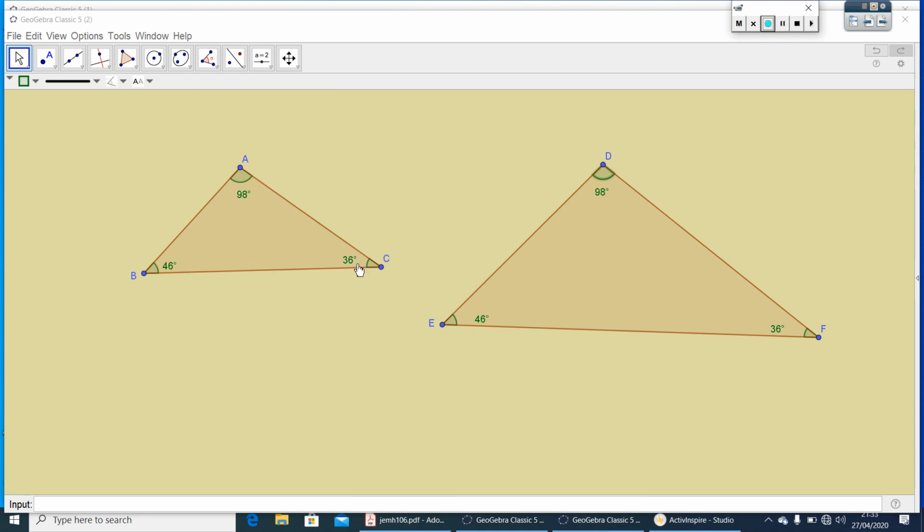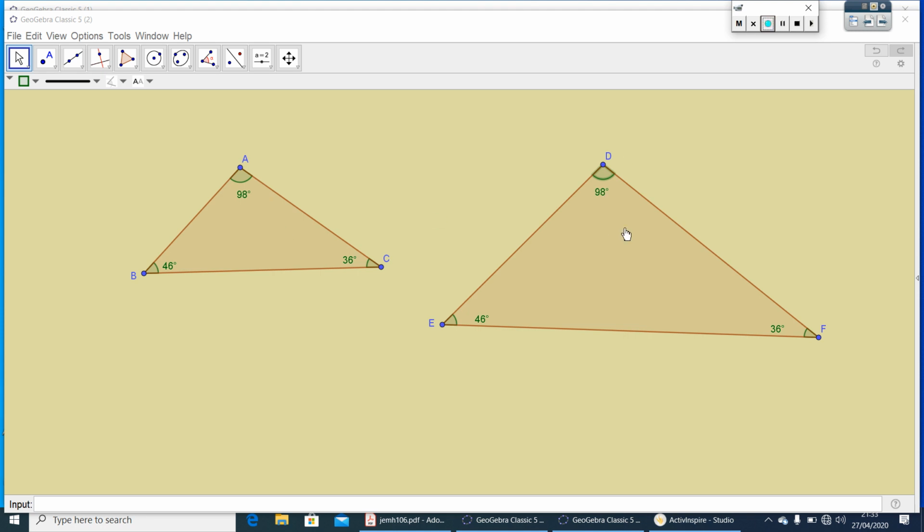Obviously, if two angles of one triangle are equal, the third angle also must be equal, because the sum of the angles of a triangle is 180 degrees. Therefore, if two angles of one triangle are equal to the corresponding two angles of the other triangle, the third angle also will be equal.